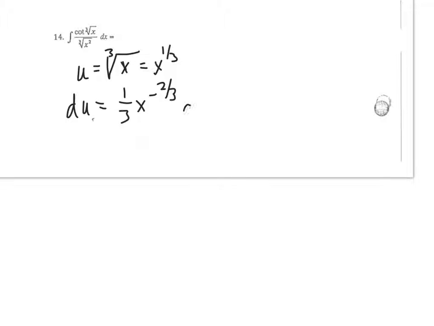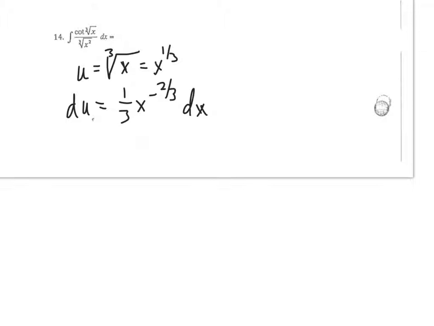14, the last one there, you're integrating cotangent. Okay, the thing with cotangent, your u is the angle, which is cube root of x, which is x to the 1/3. So your du is 1/3 x to the negative 2/3 dx. Looking for that to be lying around in there.